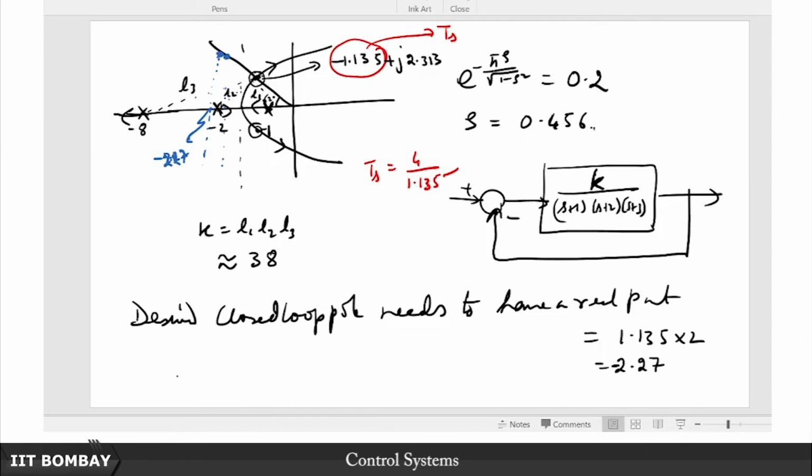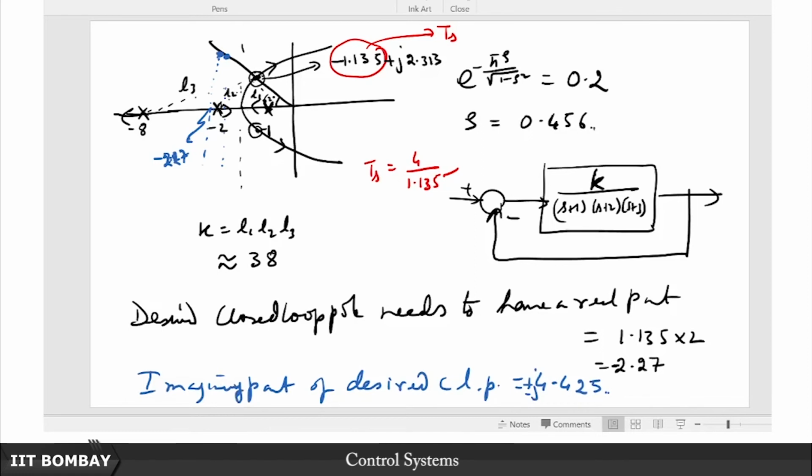Therefore the imaginary part of the desired closed loop pole I can have at 4.425, plus minus j 4.425.